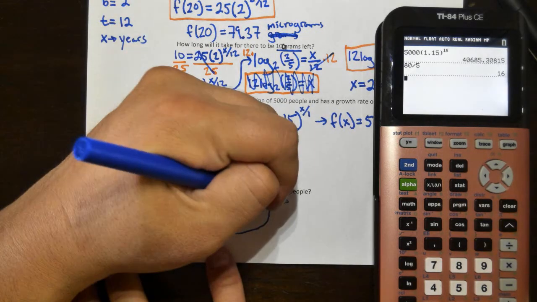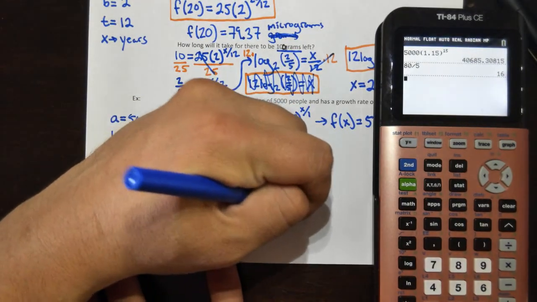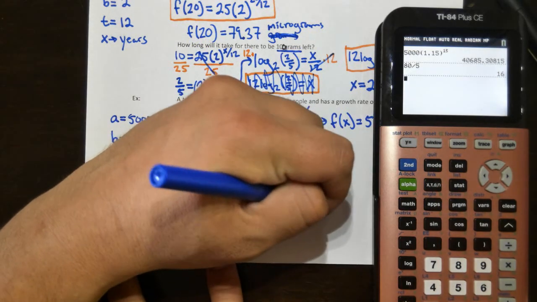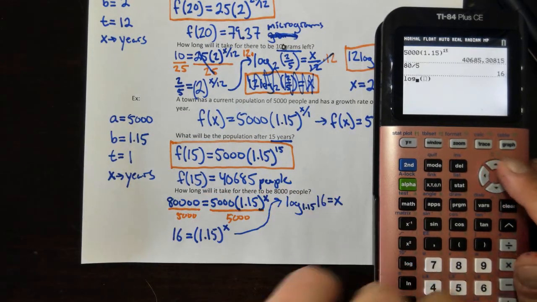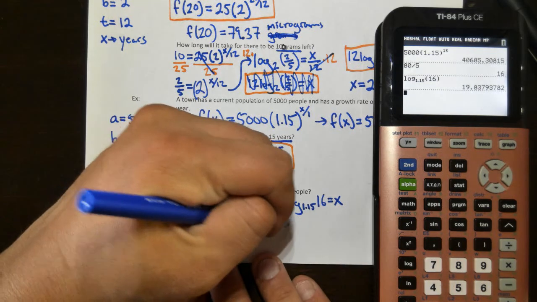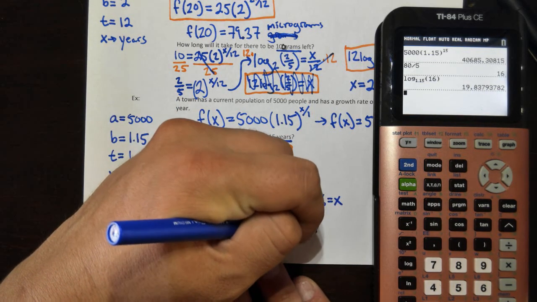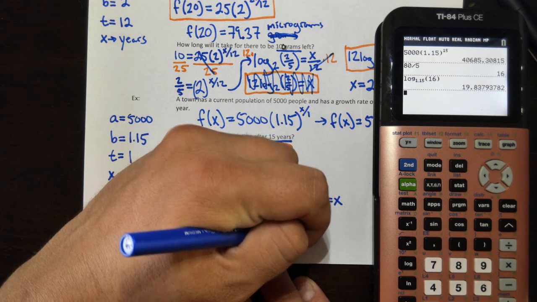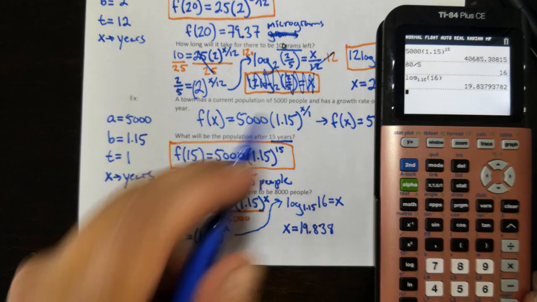So we're going to have log base 1.15 of 16 is equal to x. And let's plug that in and see what we get. And we get 19.838, and that would be in years.